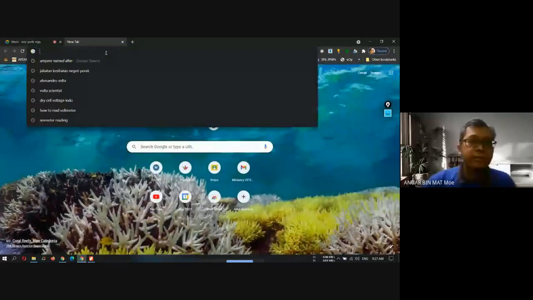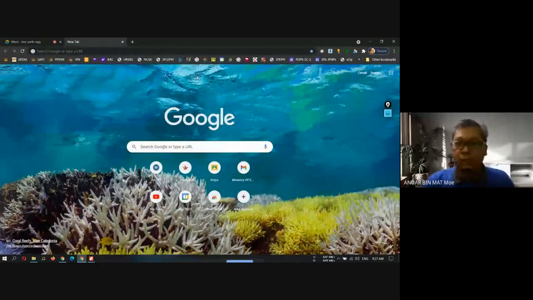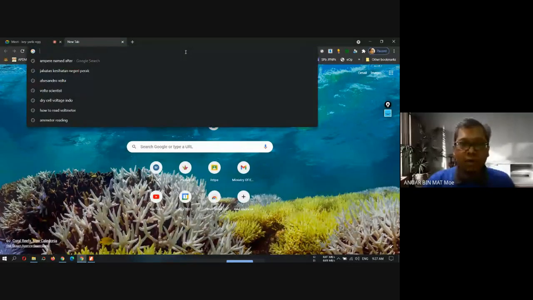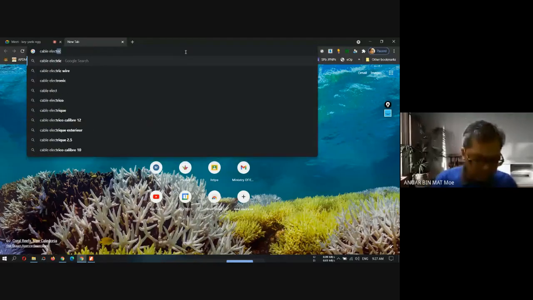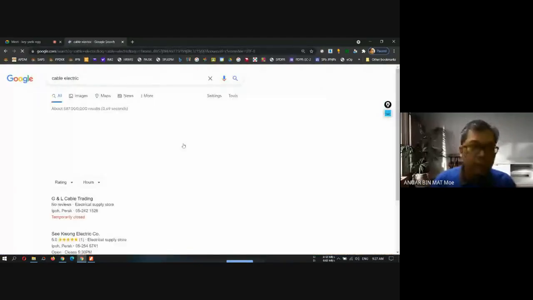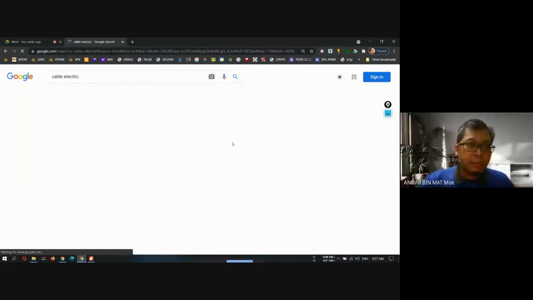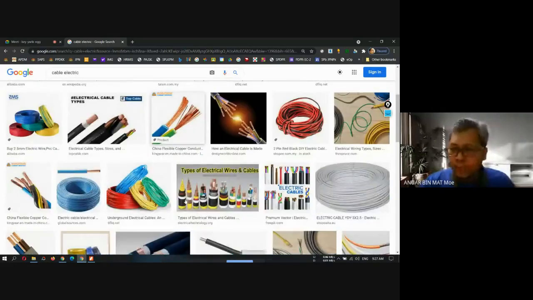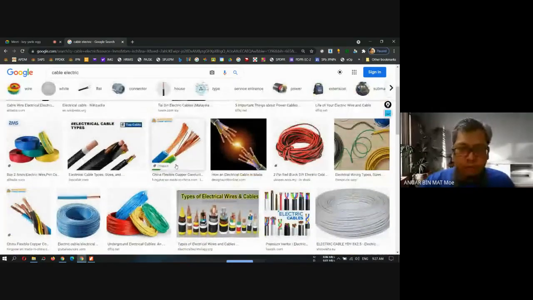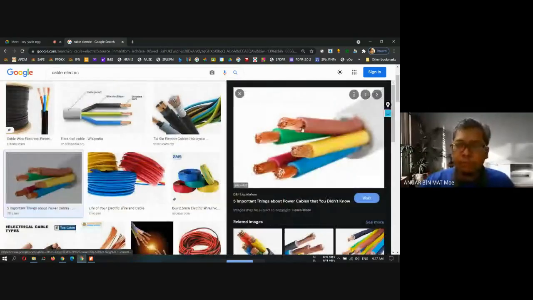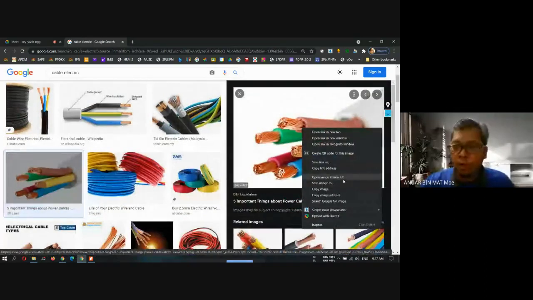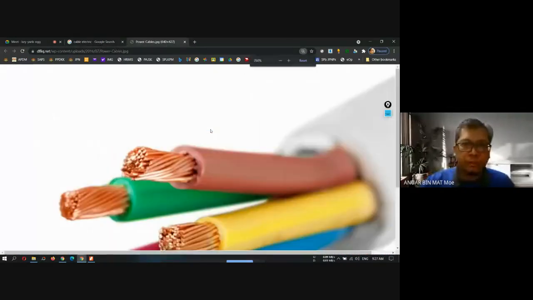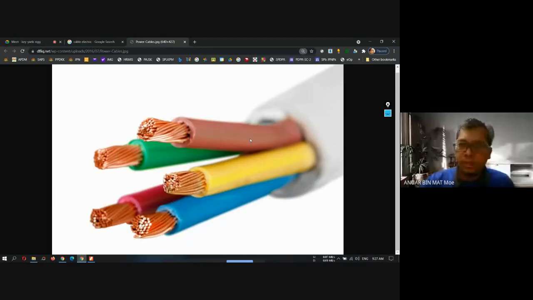Most of the electrical, what we call the metal or the conductor inside the cable, for example this one, is made from copper.